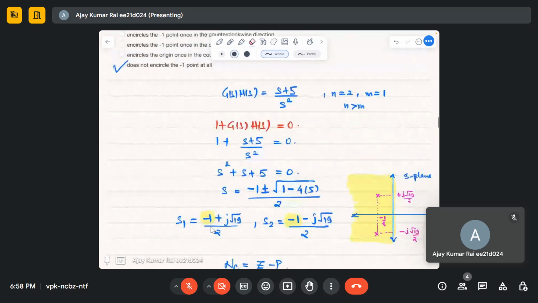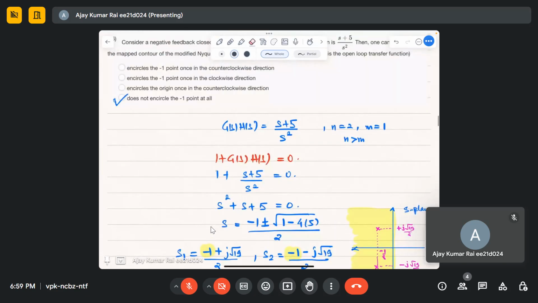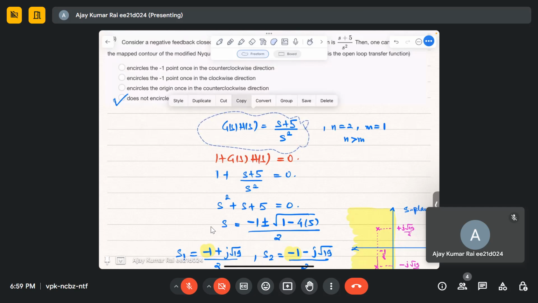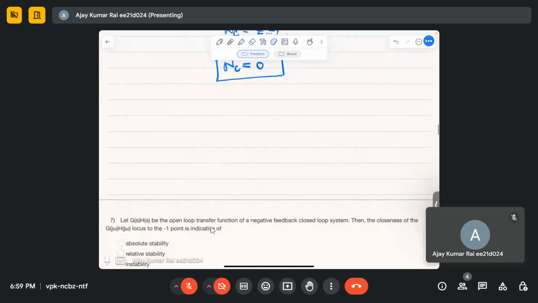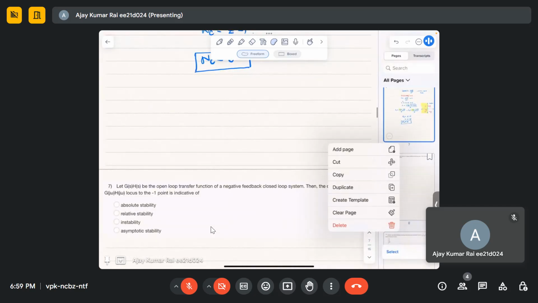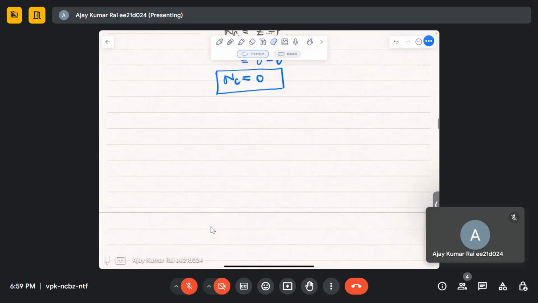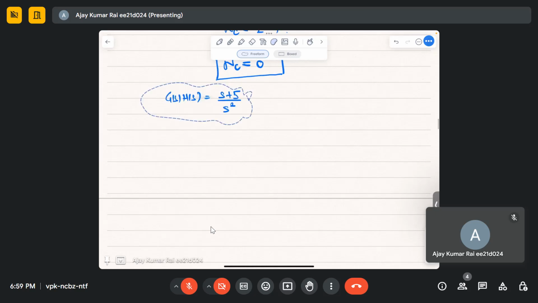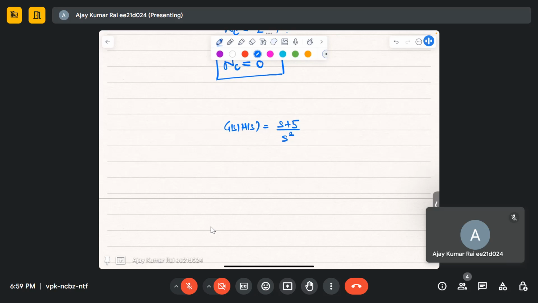But let's draw the Nyquist plot and confirm. This is given to me by looking at the open loop transfer function.